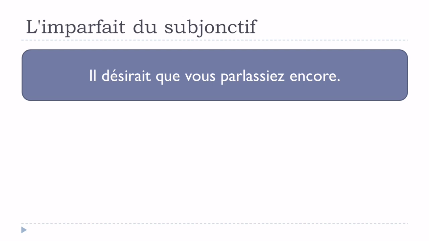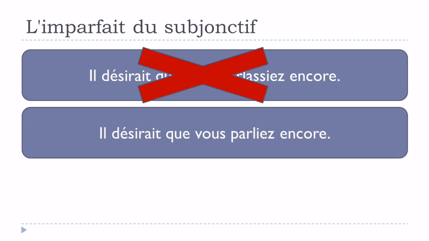So basically it's correct. It's il désirait que vous parlassiez encore. But then we don't use that. Okay, it's too heavy now. So the question is, should we use il désirait que vous parliez encore? And well, clearly it's not an option because it is not correct.